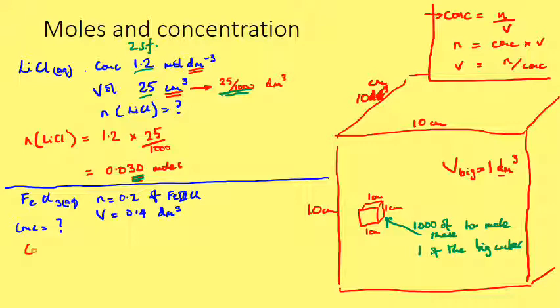So concentration is going to be number of moles, which is 0.2, divided by the volume, which is already in decimeters cubed, so we just do 0.2 over 0.4, and you can quickly see that that is 0.5 moles per decimeter cubed. Okay, there's another example. We might do another simple example before we do a realistic example.